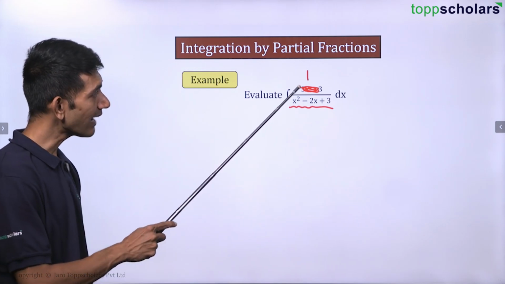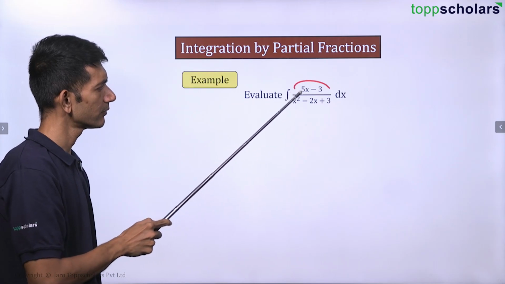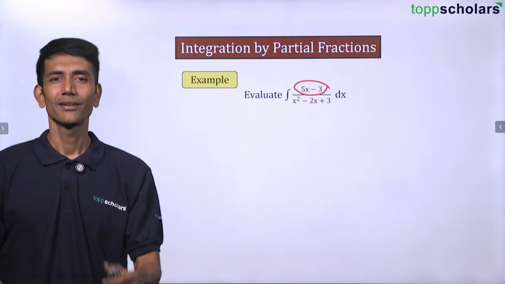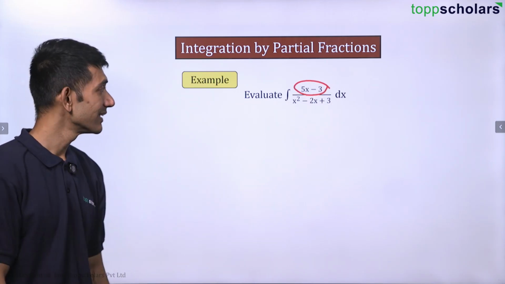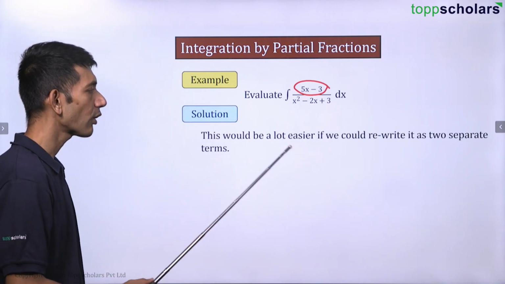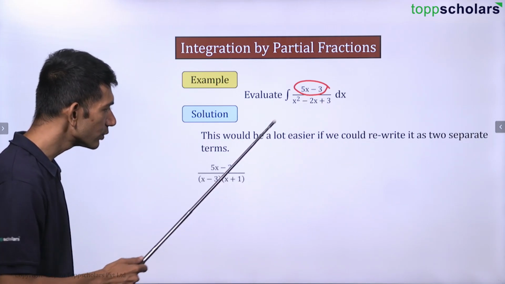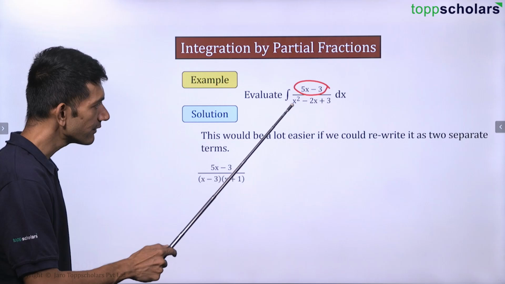But here we already have a function in the numerator. So we cannot use our previous method. And that is why we need to use partial fractions. This would be a lot easier if we would rewrite it as two separate terms. So what we will do is, firstly we will factorize this.